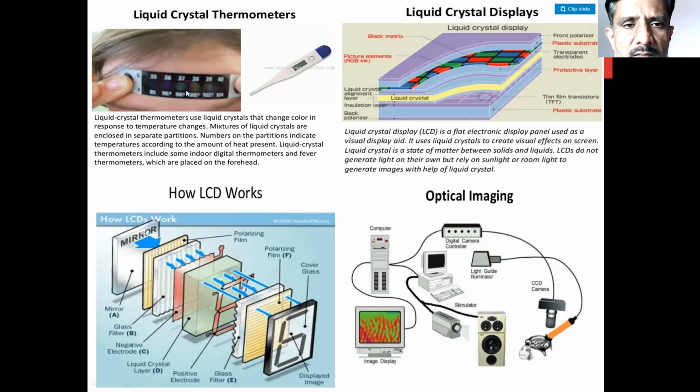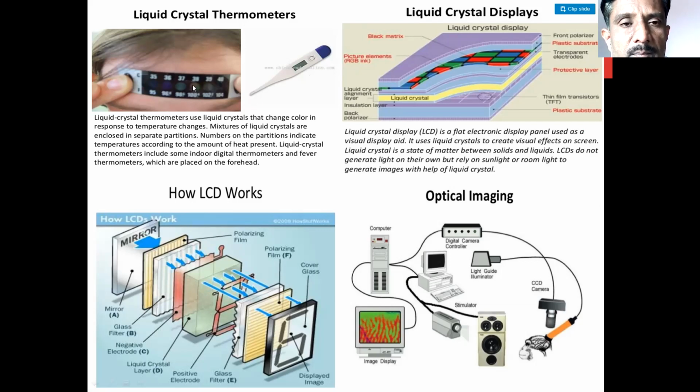At 36, the color is this one. Suppose 38, the color is this one. Due to the presence of these colors in the liquid crystal, the mixtures of liquid crystals are enclosed in separate portions, and the number of portions indicates the temperature.